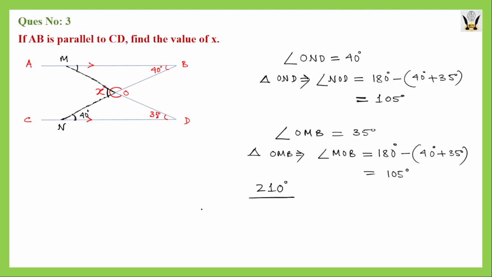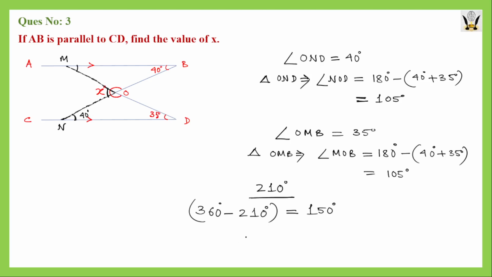The total angle is 360 degrees, and the summation of the other two angles, as I said, MOB and NOD, is 210 degrees. So 360 minus 210 will be how much? It will be 150 degrees. That means the summation of these vertically opposite angles is 150.